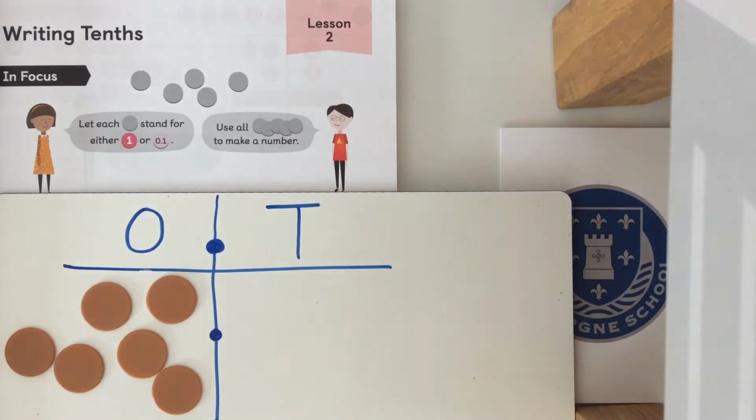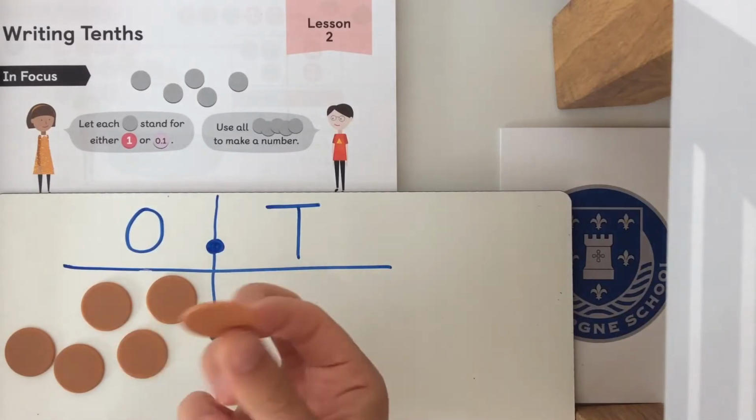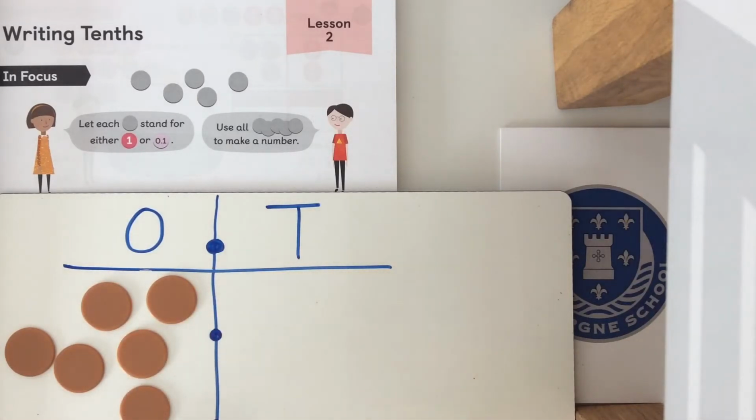Okay, so our in focus task today, it says let each of the coins stand for either 1 or 0.1. What is 0.1? Who can remember? 0.1 is 1/10. So they're either worth 1 whole or 1/10.